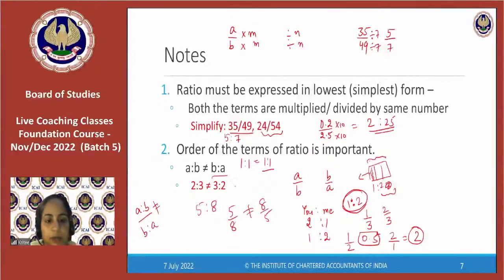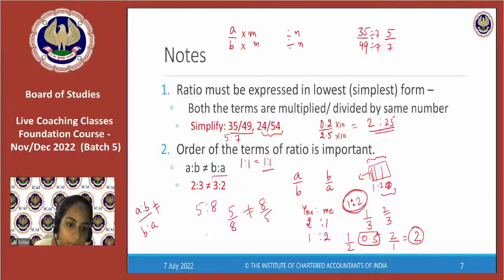But other than 1 is to 1, in all the cases, the order of terms does have importance. They hold too much importance. That's a very relevant part to understand. All right, good. Okay, both numbers mean the same.